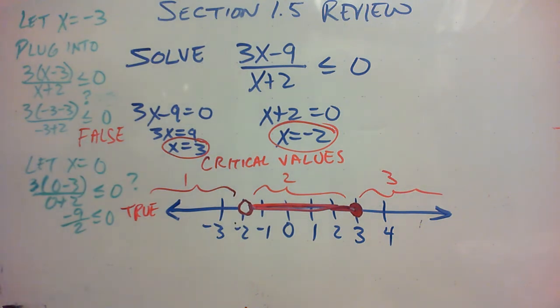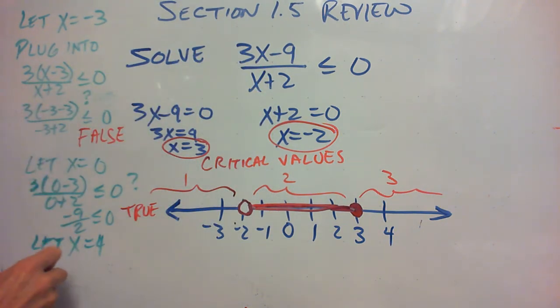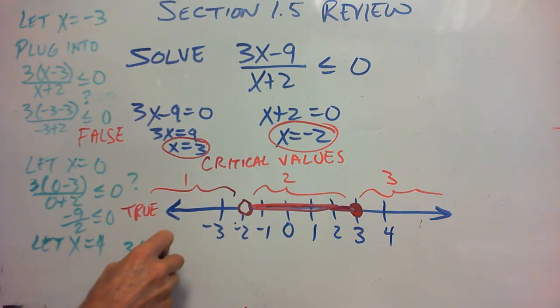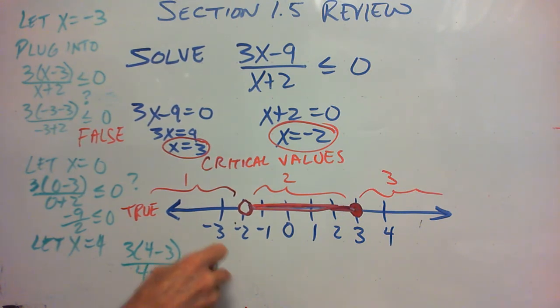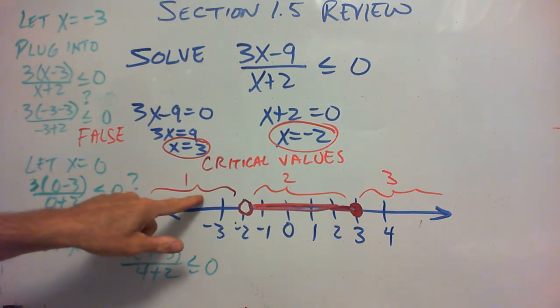Then for the third interval, let x equal 4. And when we let x equal 4, we get 3 times 4 minus 3 over 4 plus 2. We get a positive over a positive. You see how the factors change signs as we go from one interval to the next.